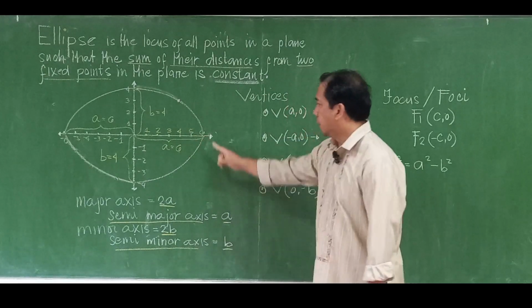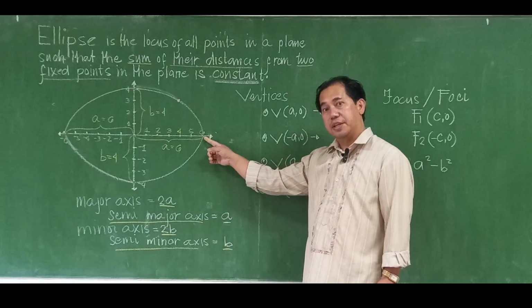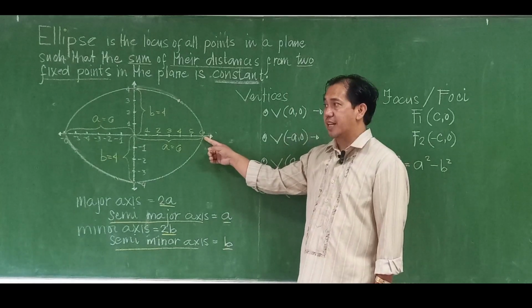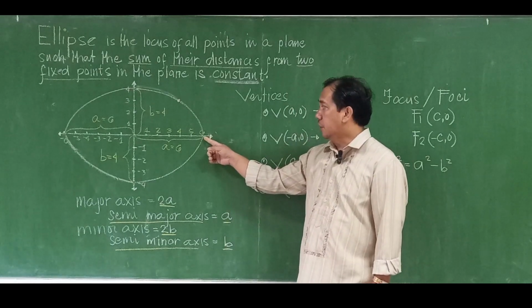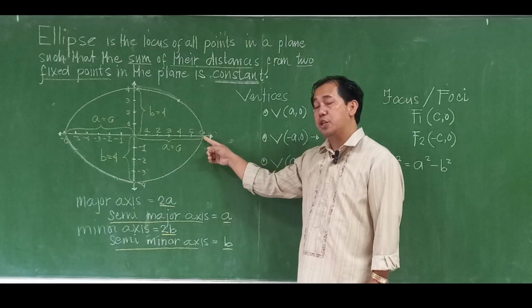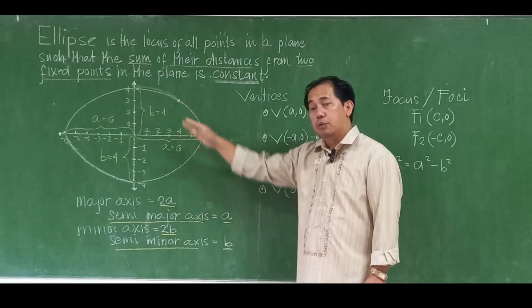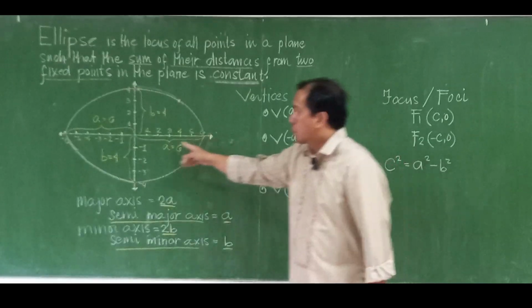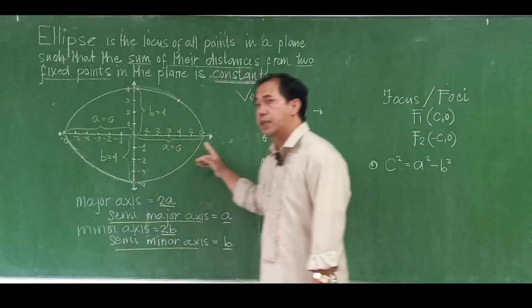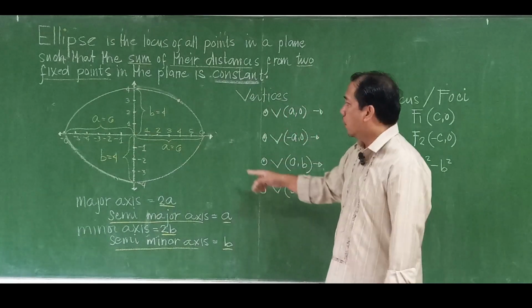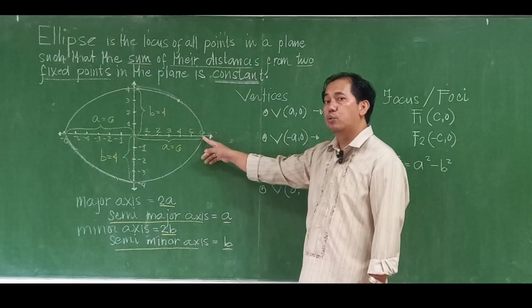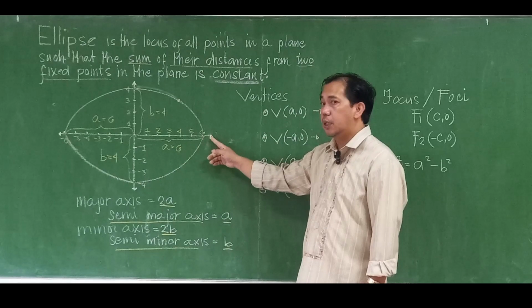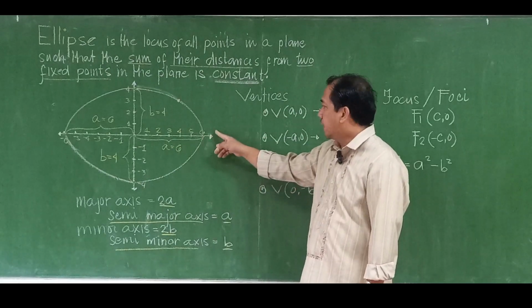The vertex is the intersection of our major axis and the ellipse. So we have two vertices along the major axis. What is the vertex?